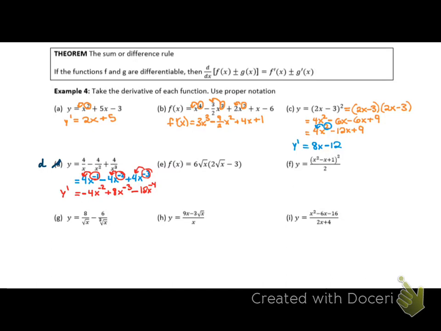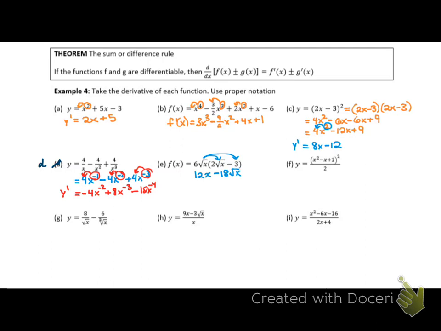For part E, we are going to distribute first. So let's go ahead and do that. Now, 6 times 2 is 12, and root x times root x is just x. 6 root x times negative 3 is negative 18 root x.